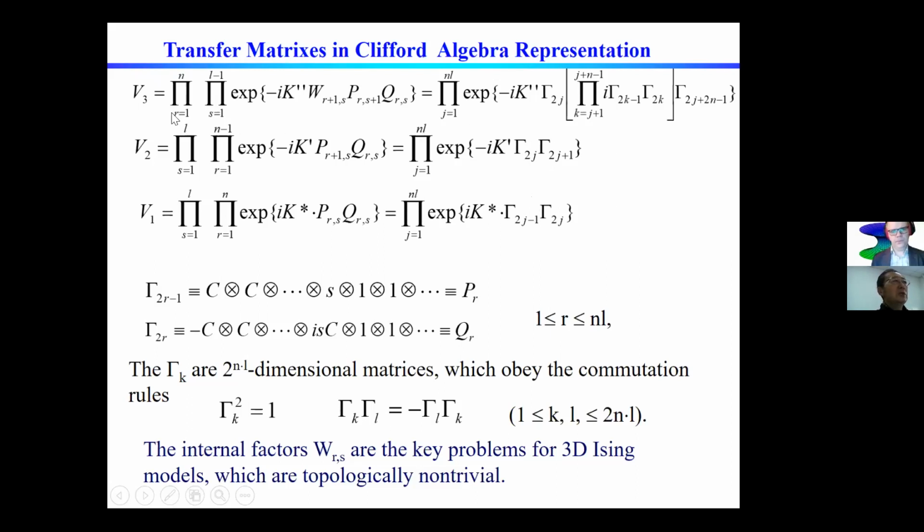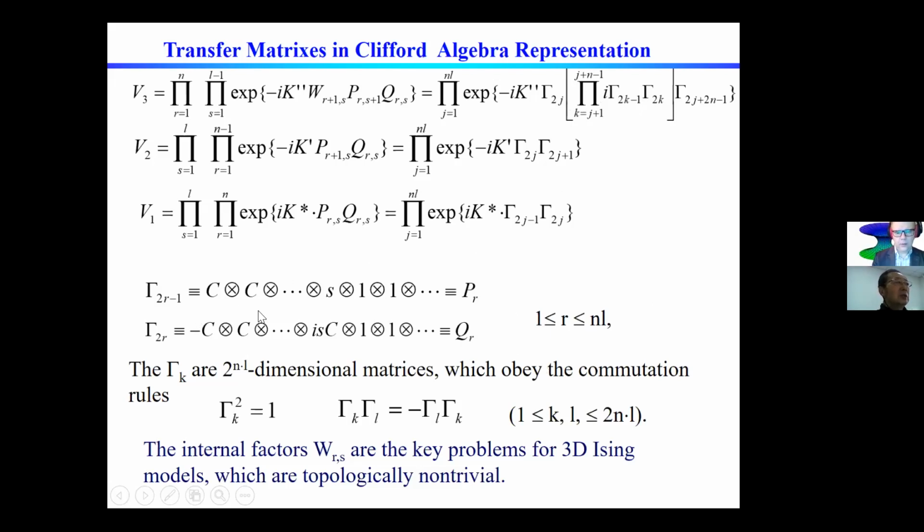But V3 is a new transfer matrix, which is for the third dimension. So you can see here some gamma matrix, which is non-linear terms. We call it the W factor, the internal factor. This factor is for every site of Ising spin. So it makes a very complicated problem.